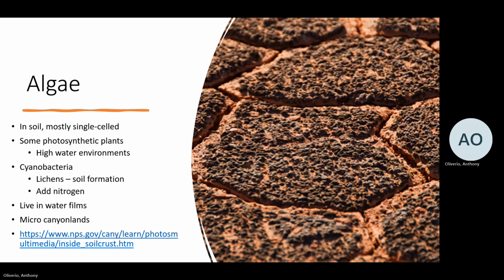Algae and photosynthetic plant-like organisms, they can grow into very dense mats in the soil, as you see pictured here in canyon lands. That's what this links for. The algae creates this crust, soil crust, something really cool to check out.